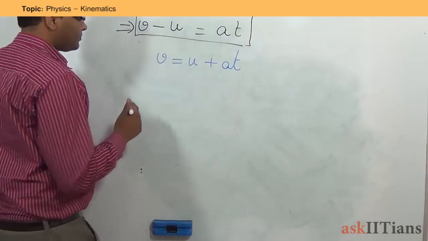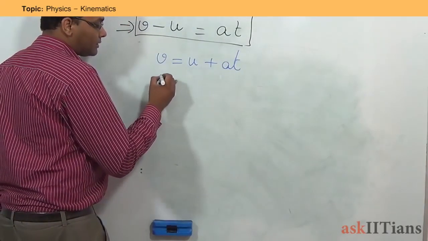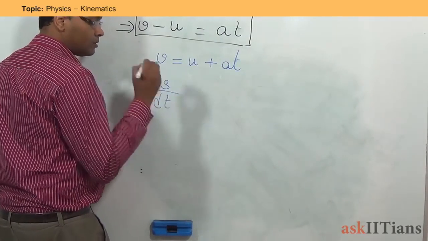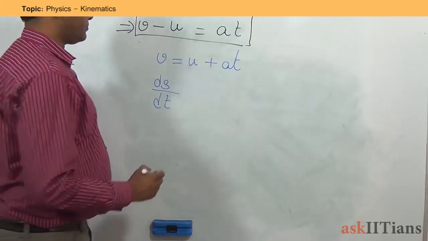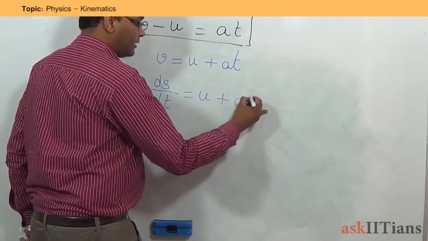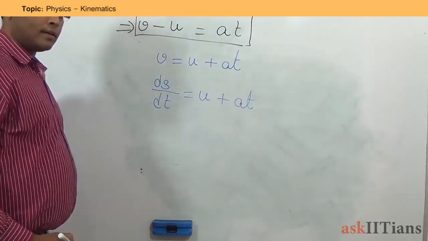So effectively, I can say that the velocity can be written as change in displacement divided by time dt. So this can be given by u plus a into t, right?